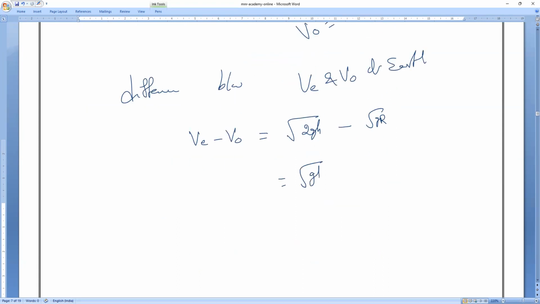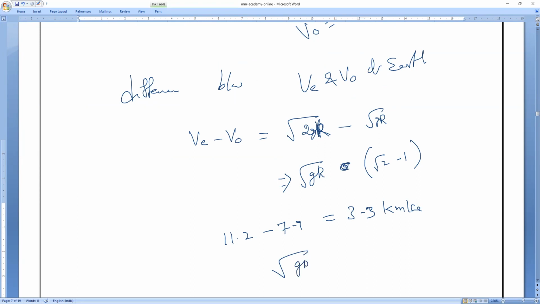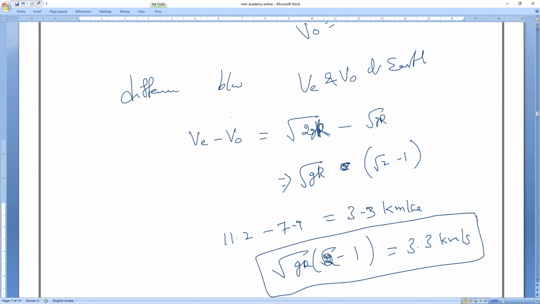Root over gR is common, so it is root over gR into (root 2 minus 1). How much is that? 11.2 minus 7.9, which is 3.3 kilometers per second. So this is the difference between escape velocity and orbital velocity of Earth.